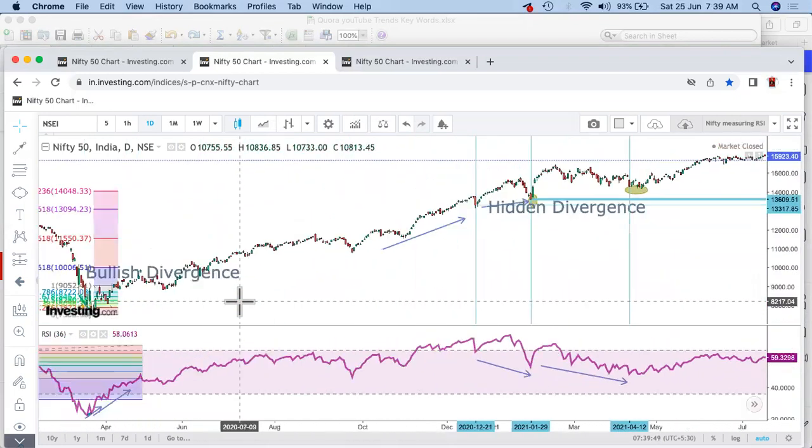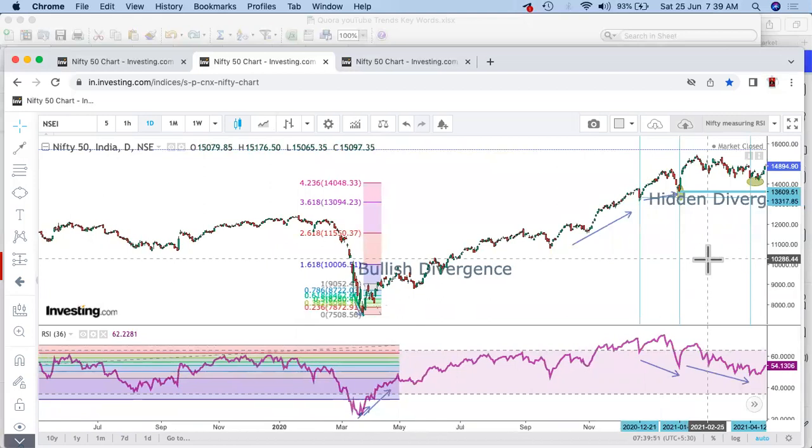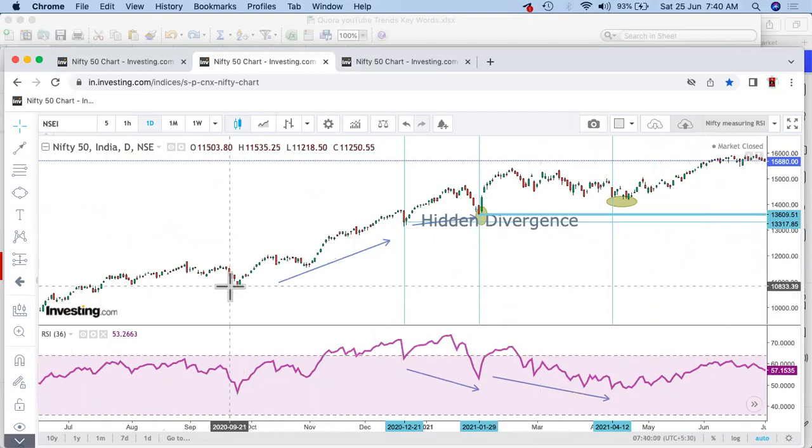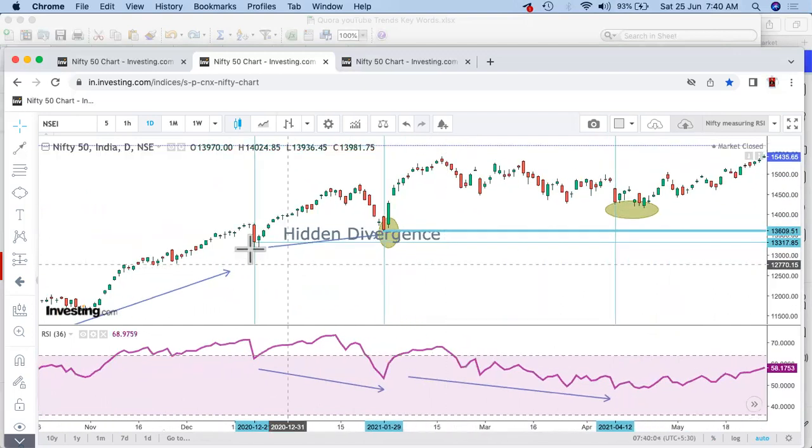The third thing that we saw was hidden divergence. Hidden divergence is an indication of continuation of the trend which is there. For example, here we saw that the trend has been an uptrend. After that, we saw a hidden divergence.